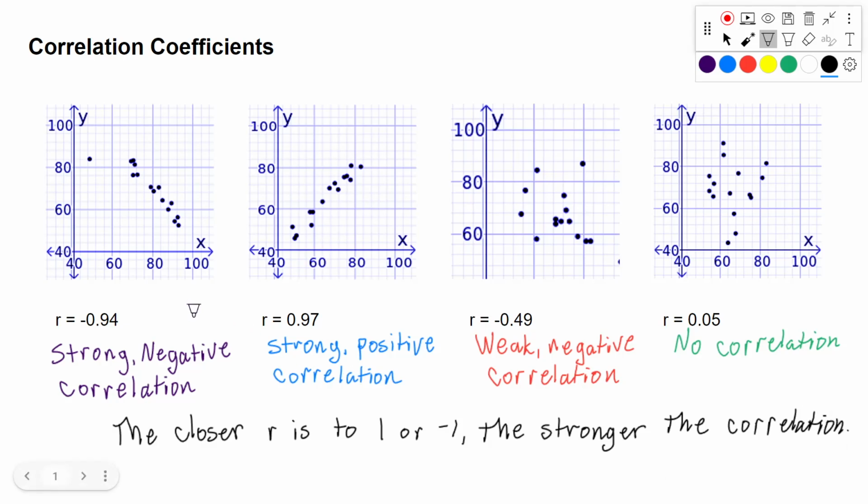And generally speaking, anything from 0.7 to 1, or between negative 1 and negative 0.7, is considered strong.